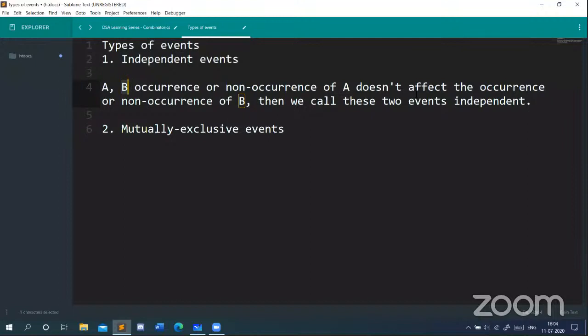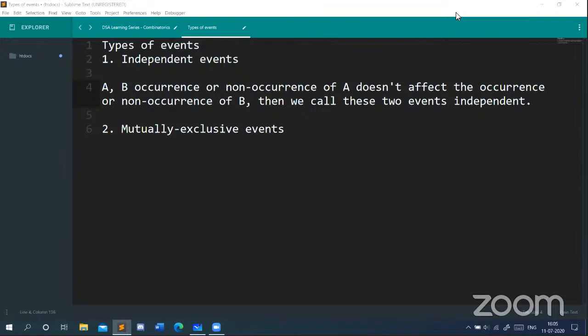So this is what I mean when I say independent. And I'll really appreciate if you could type in some examples of independent events and we can discuss those, right? Perhaps you can do that on the chat. Yes, exactly. Winning a toss and winning a match. I love that example.